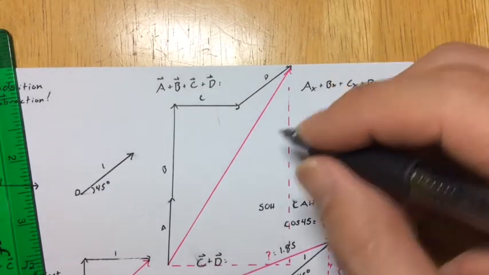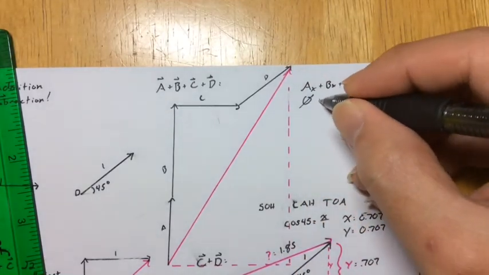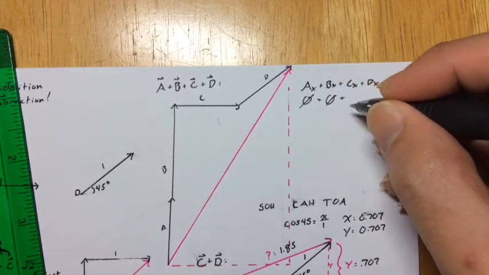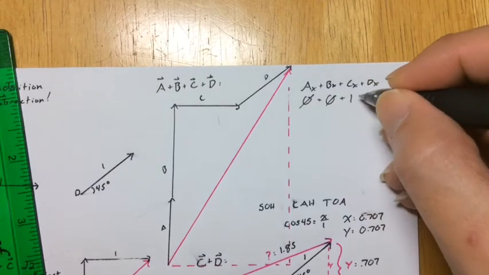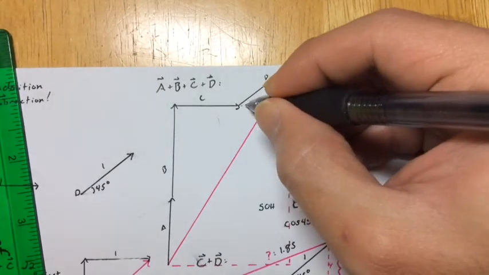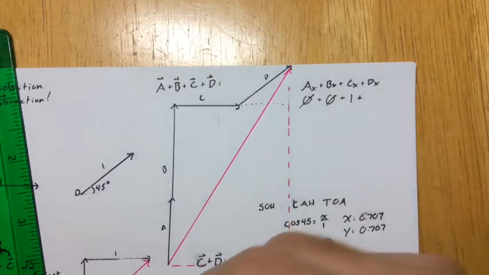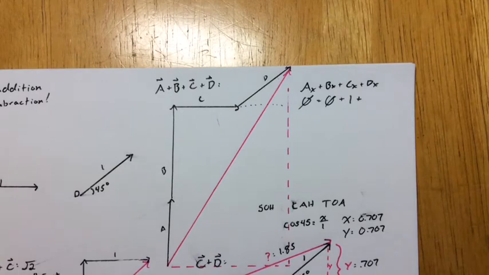So AX, there is no X component to A, right? That's nothing. Plus BX, again, it just goes straight up, so 0. Plus CX was 1, right? It goes 1 inch to the right. And then DX, this is the only weird one right there. DX was the one that went up at 45 degrees, so we've got to figure out the side, and it was 0.707.